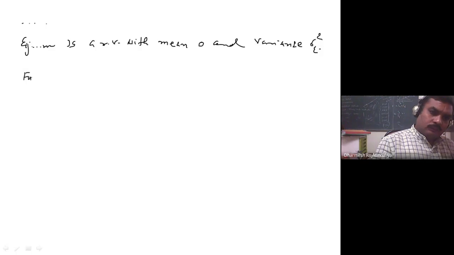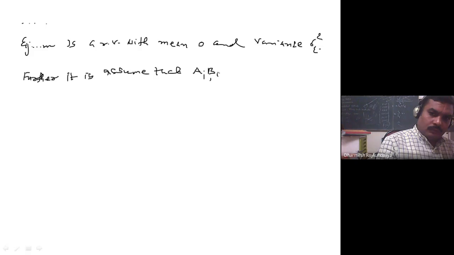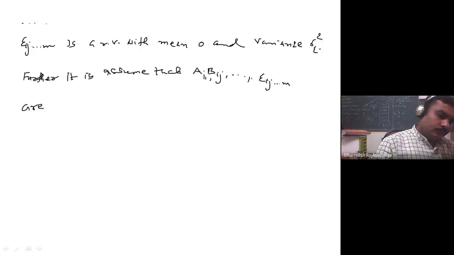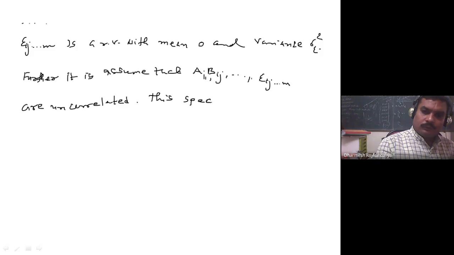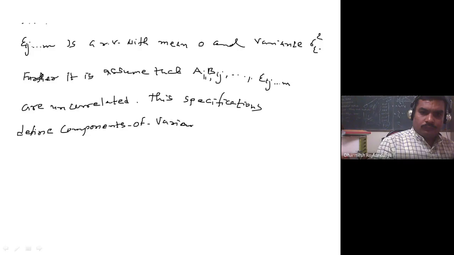Further, it is assumed that a_i, b_ij, and likewise the other variables, epsilon_ij up to m, are uncorrelated. If you take such an assumption, then this specification defines the components of variance model.